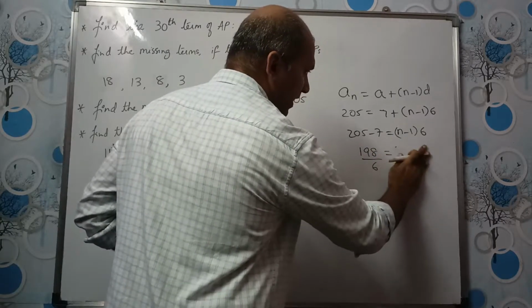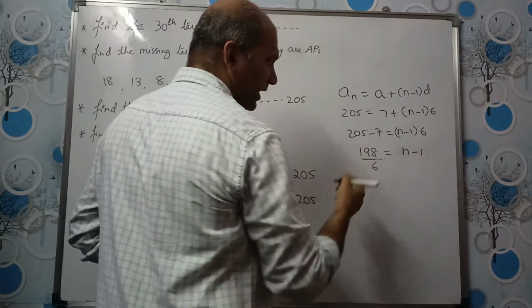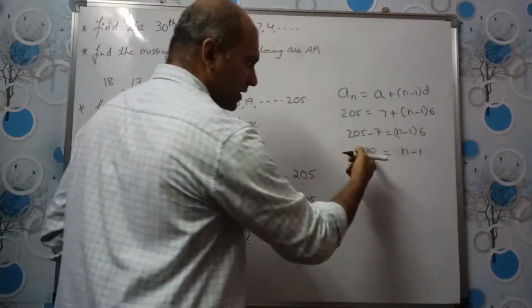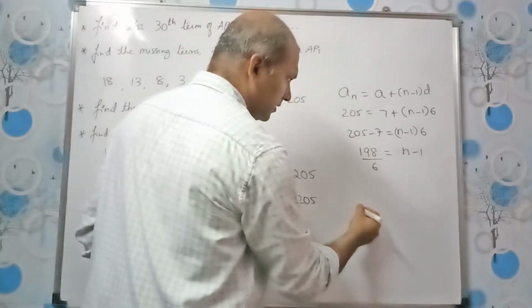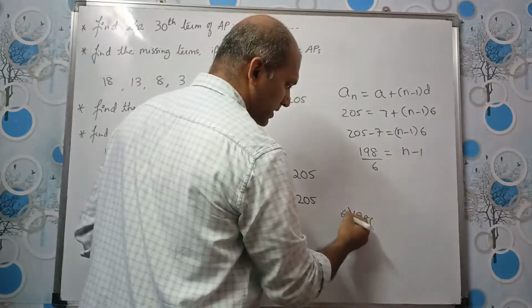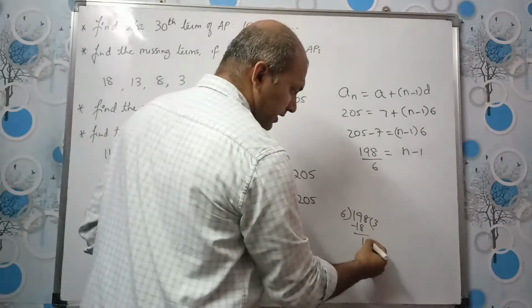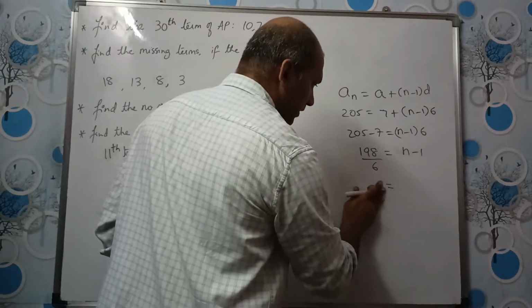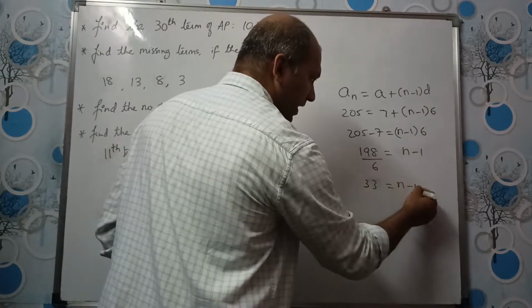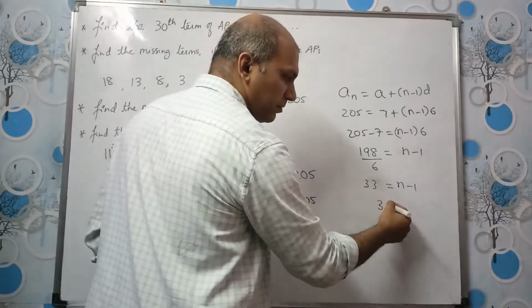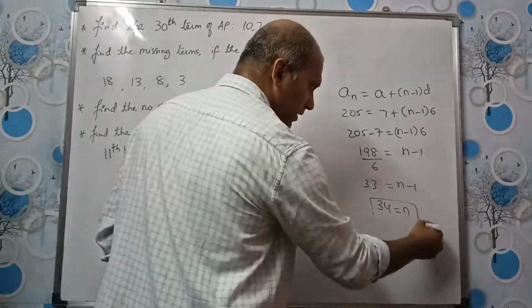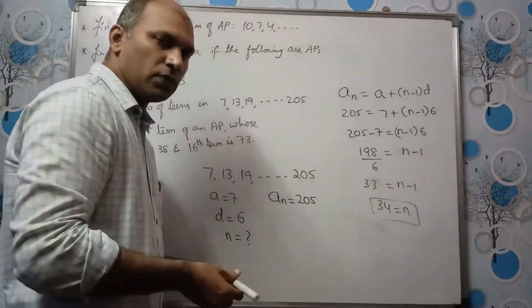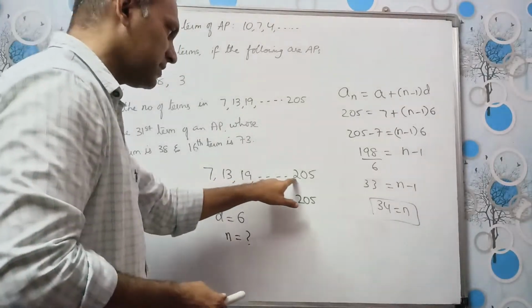Okay, so we have n minus 1 here, 198 divided by 6. So this will be 33. Yes, 198 divided by 6. 3 sixes are 18 and 3 sixes are 18, 33. So this is 33. N minus 1, 1 comes this side, it will be plus. So n is equal to how much? 33 plus 1, 34. So there are 34 terms in this series.